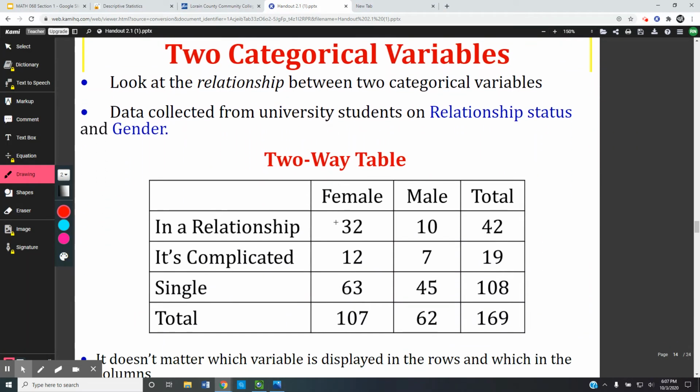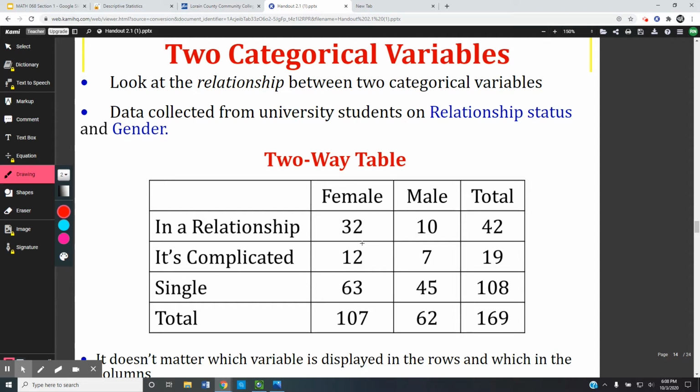So let's talk two categorical variables. Two categorical variables is a relationship between two different categories. So in this two-way table, we have categoricals across the top, male, female. But at the same time, we have another category, relationship: complicated, single, and we have a total row. So the two-way is the two different categories within the measurements that we're looking at.